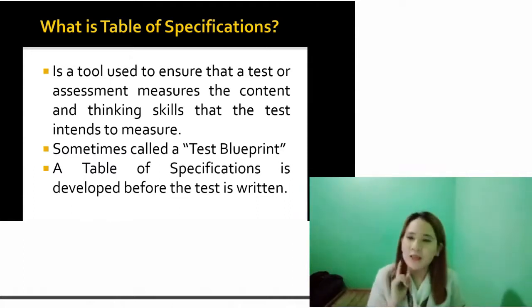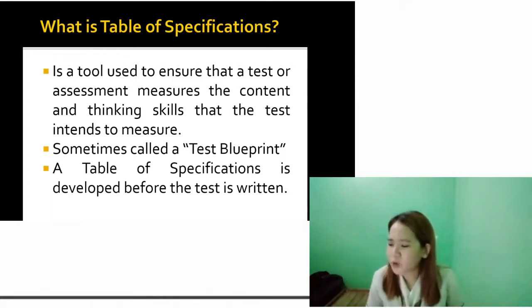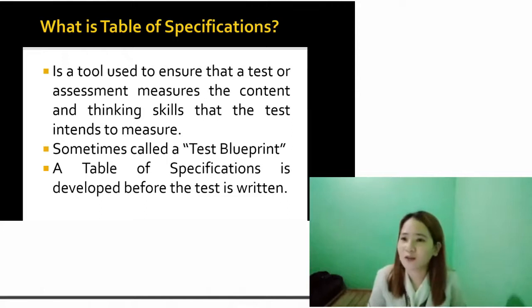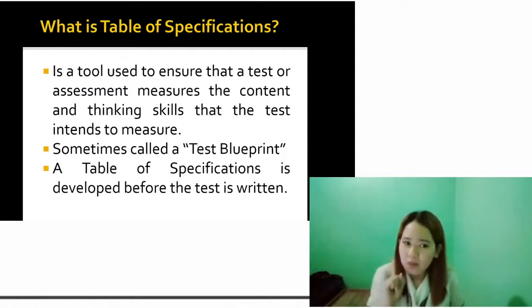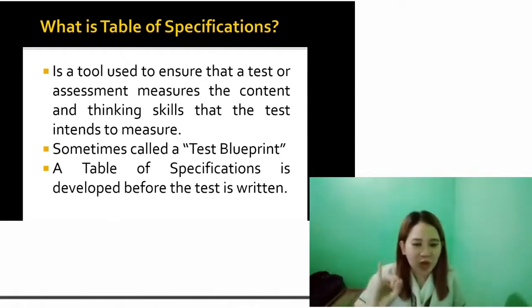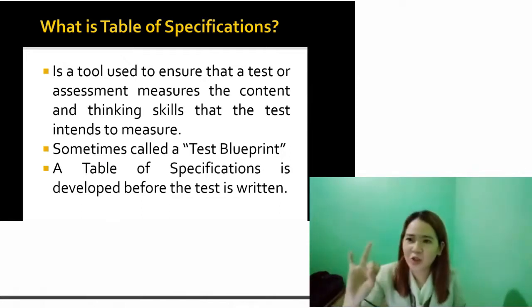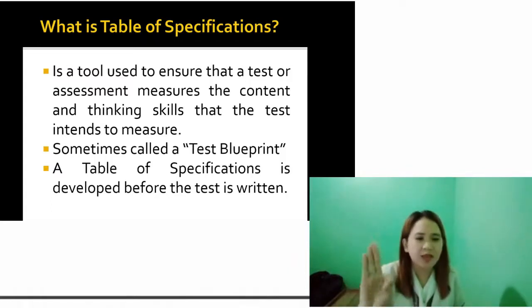Okay, so take note. TOS or Table of Specifications is sometimes called a test blueprint. Why test blueprint? It is because this is a table that helps teachers align objectives, instruction, and assessment.